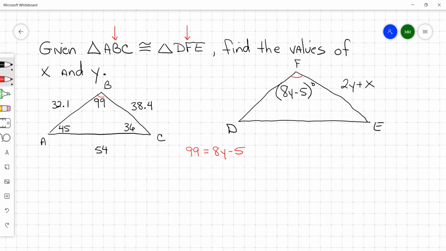Then you use the information given in the problem to solve for the variable. So right now you can add 5 to each side, and 104 would be equal to 8y. And then you could divide both sides by 8, and 13 is equal to y. So there's one of your variables.